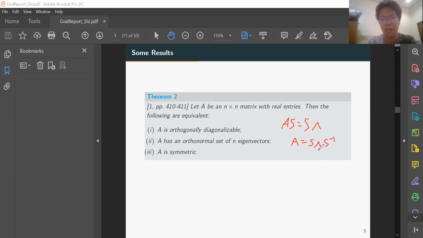You will recall that capital lambda is the eigenvalue matrix, and S is the eigenvector matrix. In addition, S is an orthogonal matrix, and capital lambda right here is a diagonal matrix.